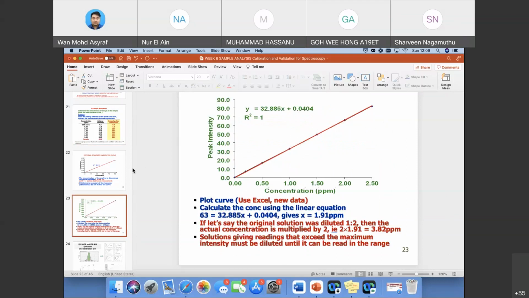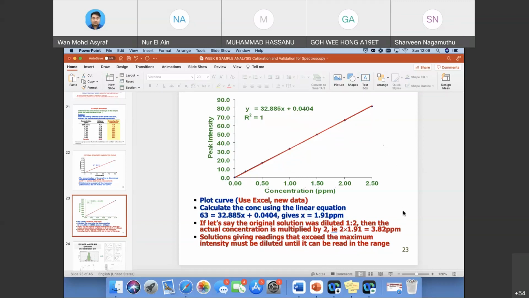So you've got your sample and you just use the peak intensity from the unknown sample to get your unknown concentration.